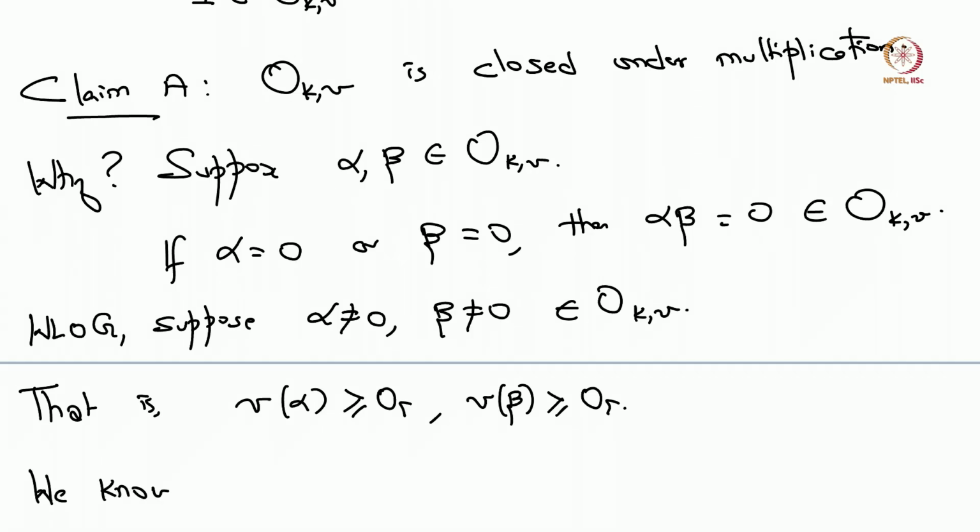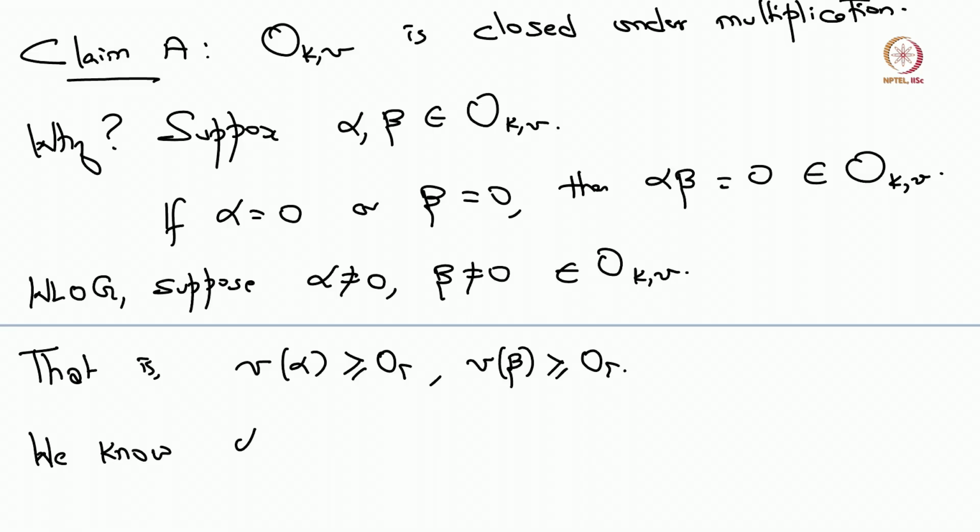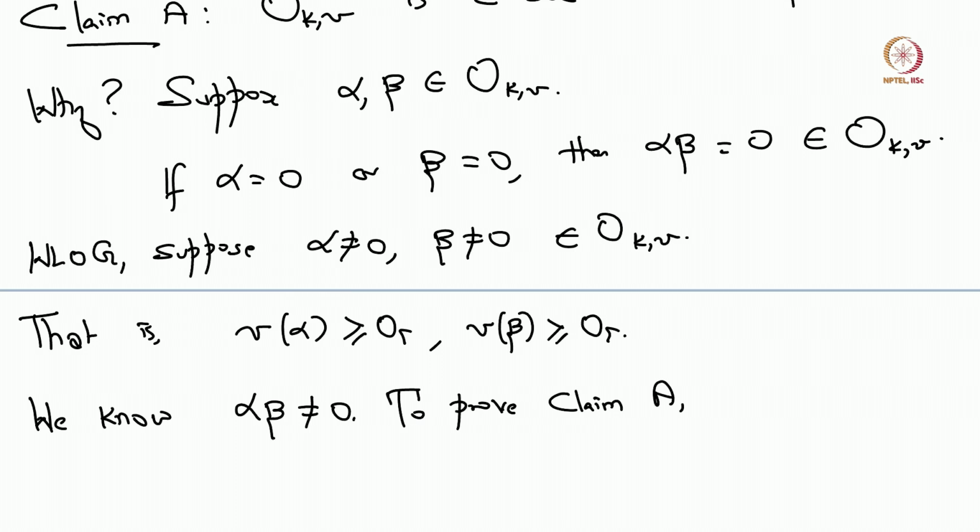Since alpha is not 0 and beta is not 0, we have that alpha beta is not 0. So to prove the claim, we need to show that this product belongs to OKV. What that means is that we need to show that the valuation of alpha beta is larger than or equal to the identity element of gamma.